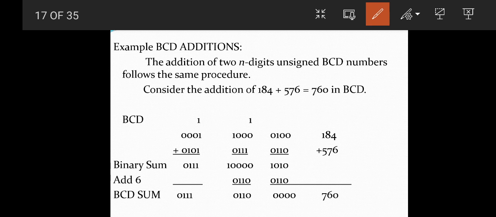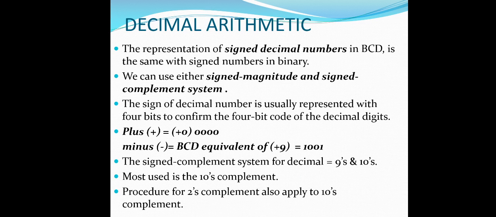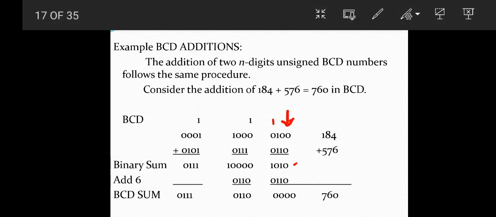And in this example, we will start to add the 0 and 0. So the result will be 0. And next, 0 and 1, 1. 1 and 1, 0, carry 1. Now, carry 1, then 1. So if you check the result, this is an invalid number.